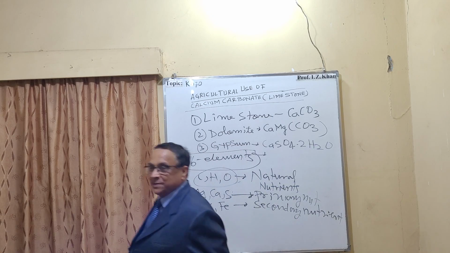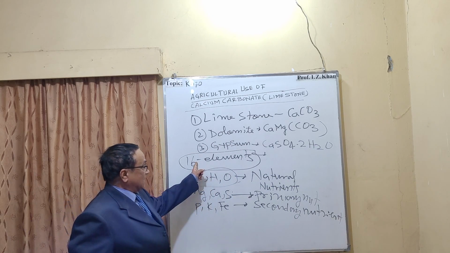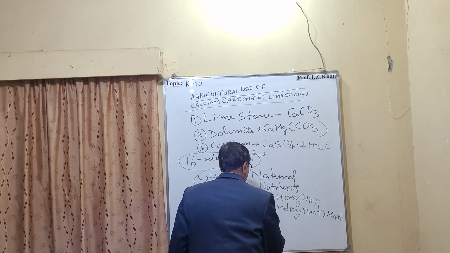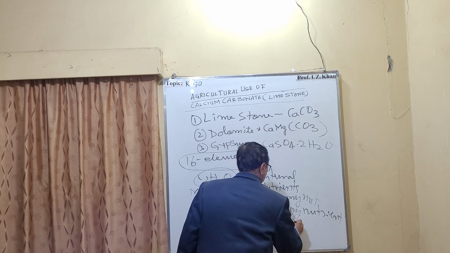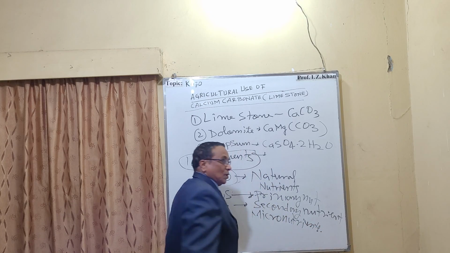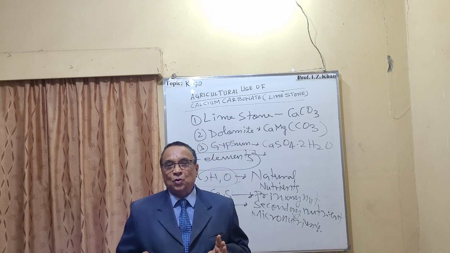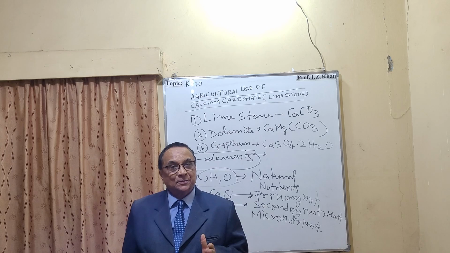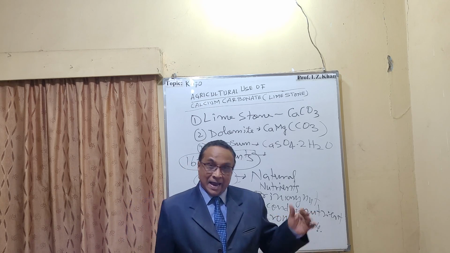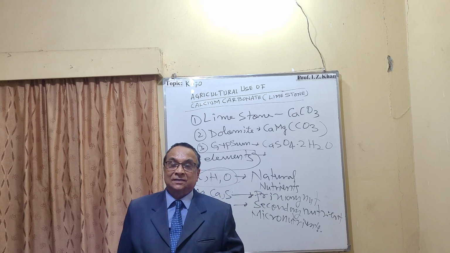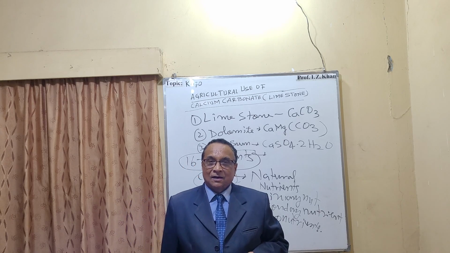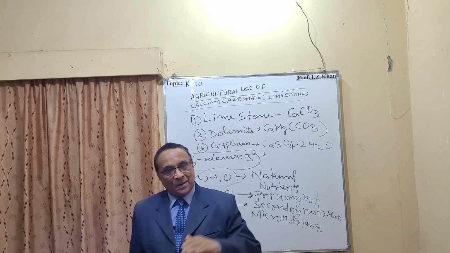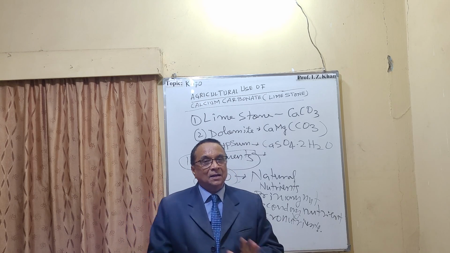And the rest of the remaining elements out of 16 are called micronutrients. So in soil, once you want to cultivate, you have to know which nutrients are present out of 16. I have already told you that 16 nutrient elements are required: natural nutrient, primary nutrient, secondary nutrient, and micronutrient.